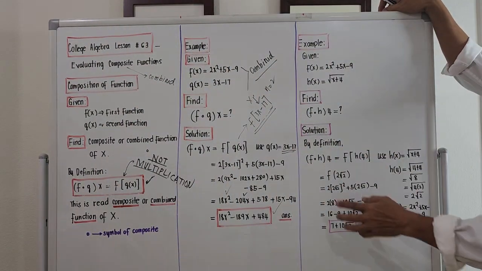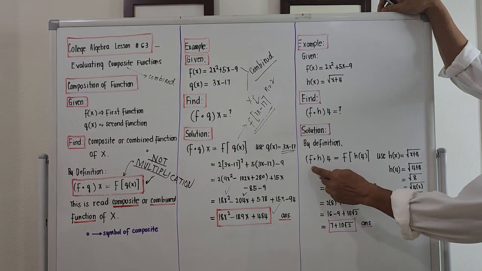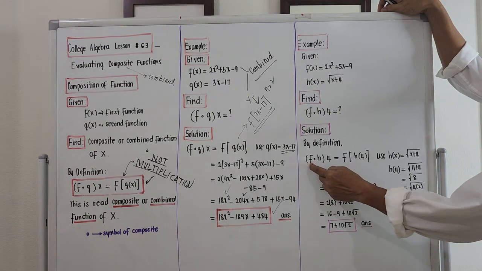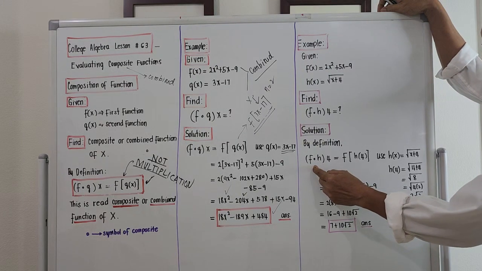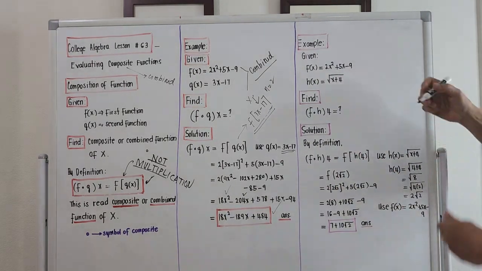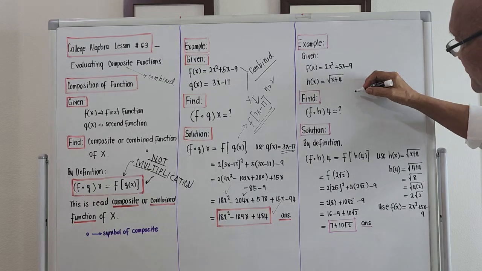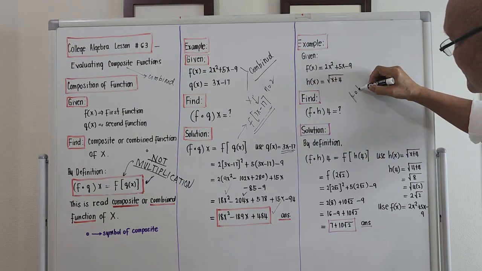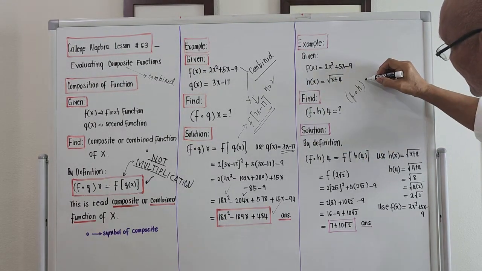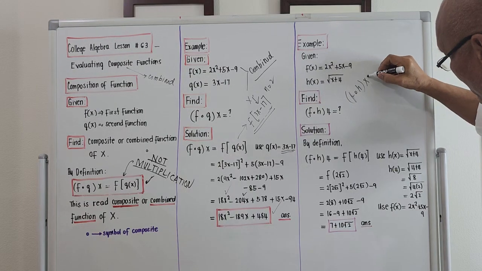By definition, okay, if we try to combine function f with h, we start with x. We start with this. We try to combine f and h, okay, the original variable will be x.